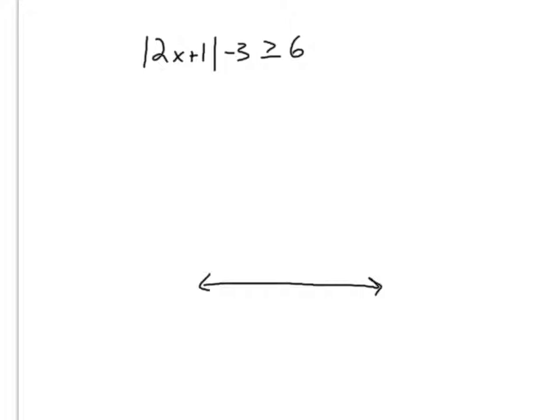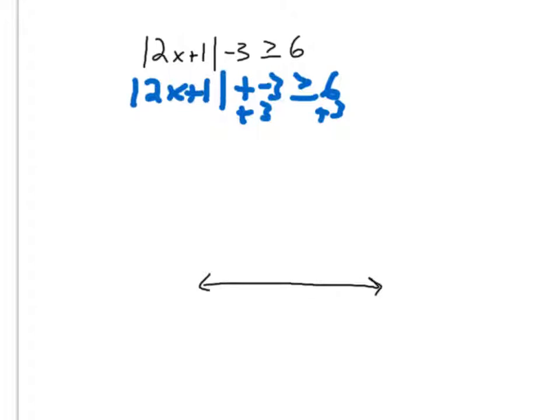Alright, so first thing we're going to do with this is change it to addition. Okay, so we got the absolute value of 2x plus 1 plus negative 3 is greater than or equal to 6. Now I need to isolate the absolute value term, so I'm going to add 3 to both sides to get the absolute value of 2x plus 1 is greater than or equal to 9.